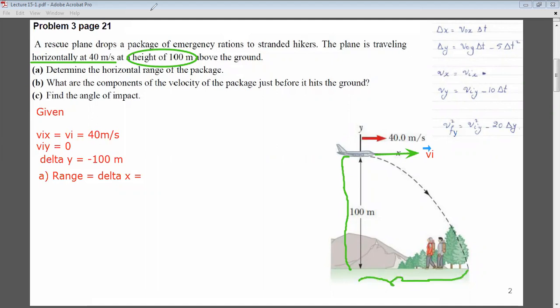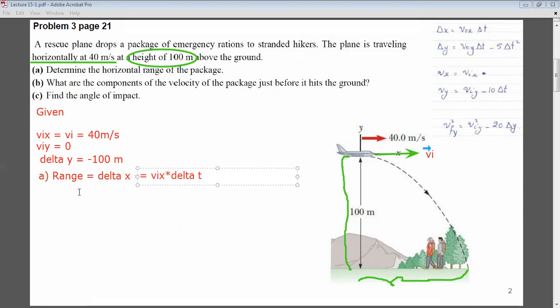So it is delta x, which is equal to, according to this formula here, delta x equals the initial v x times delta t.